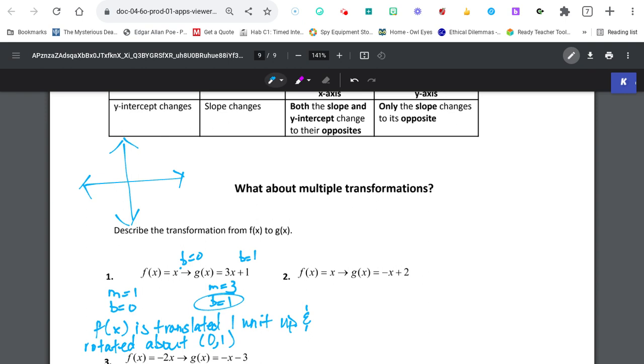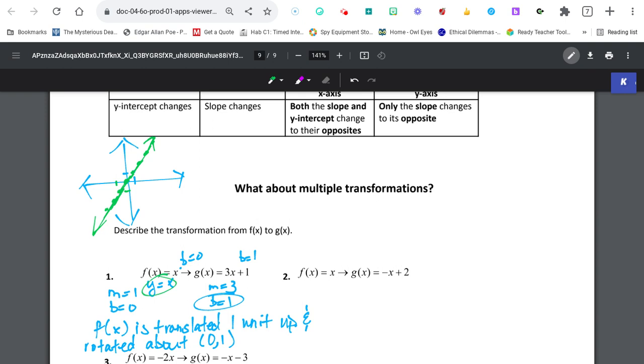So f of x equals x is just y equals x. That's a slope of 1 and a y-intercept of 0. Up 1, right 1. Up 1, right 1. Or you could go down 1 and left 1, okay? I'm just sketching y equals x, this right here.